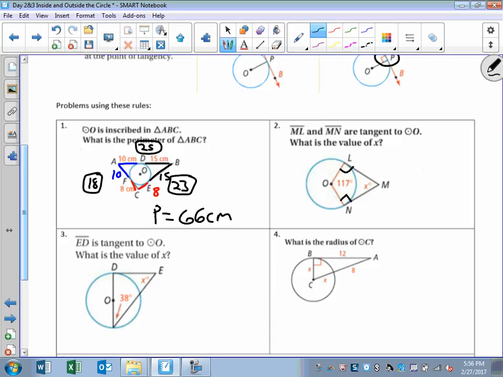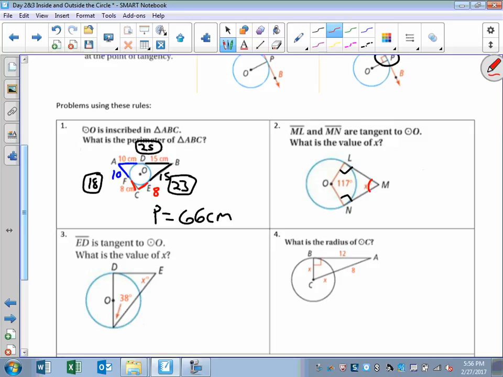Now if we want to find x, x is just asking for this angle in here. So we've got 90, 90, and it wants us to find this angle for x.